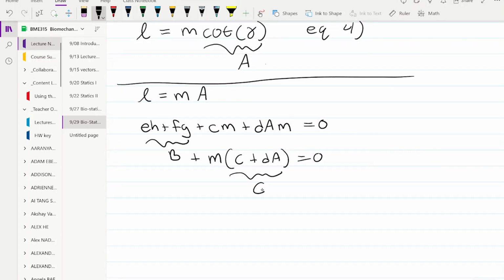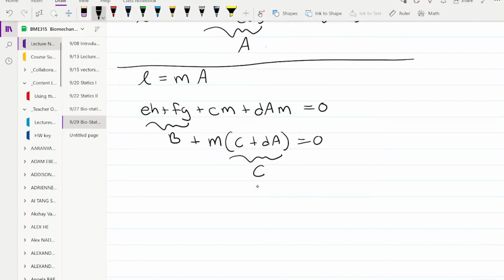We'll make this even easier. So now M is equal to B over C. So there's my equations.